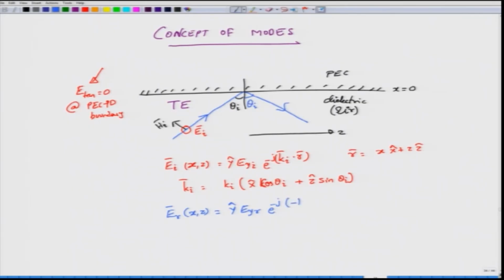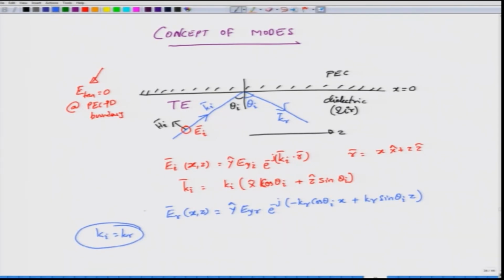So, this would be minus k r cos theta I x plus k r sin theta I z. Of course, the two media being the same for the incident and the reflected wave, I am just going to write k I equals k r, indicating that the magnitude of the reflected wave vector is the same as the magnitude of the incident wave vector.